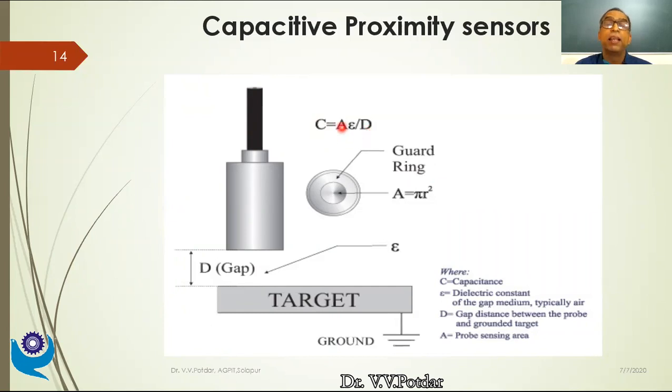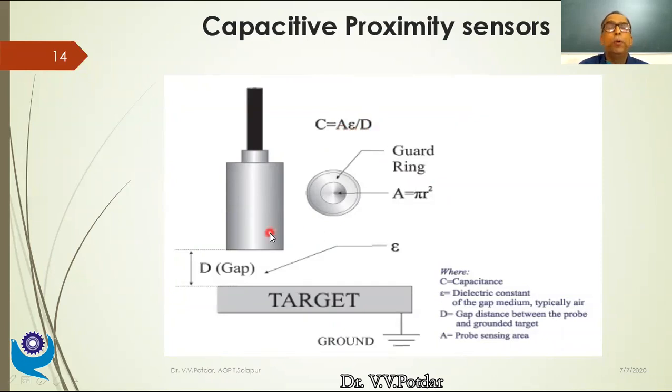And as the probe sensing area increases, capacitance increases. I don't normally change the medium; I can change the contact area or the distance. For proximity sensing applications, I don't change even the area. So I change only the distance.